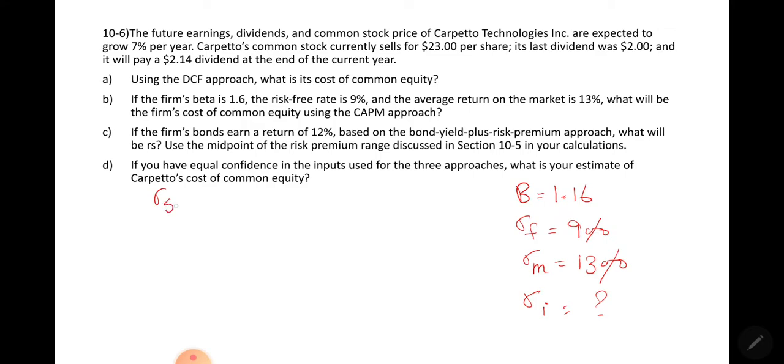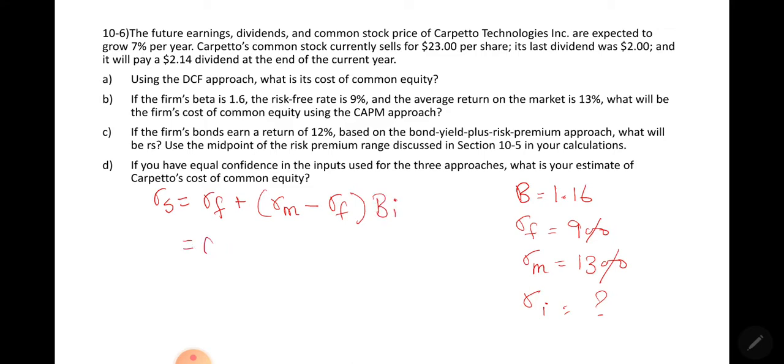The formula for CAPM is the risk-free rate plus the risk premium, which is calculated as the market return minus the risk-free rate, and this is multiplied by the beta of the stock.